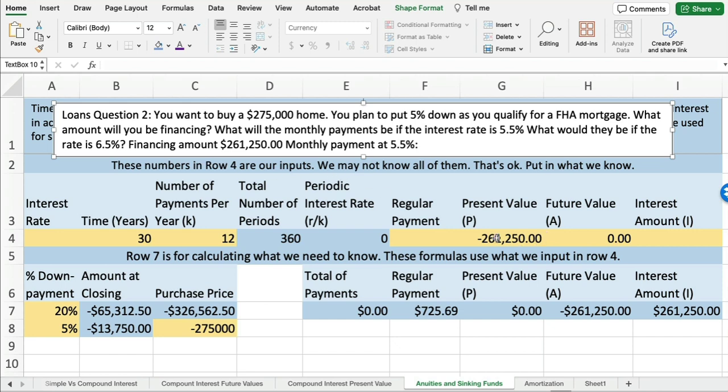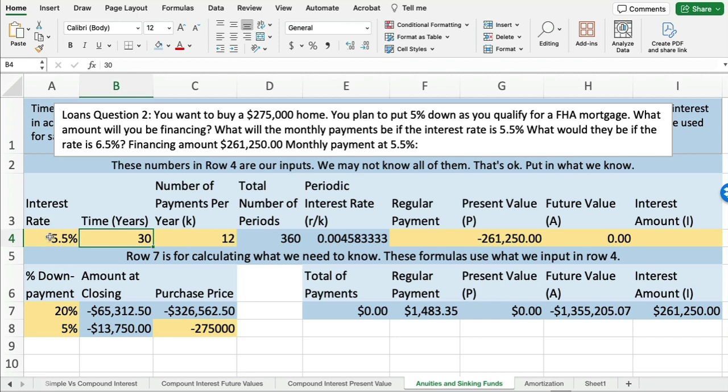Now that we know what the mortgage amount is, we can type the interest rate over here in A4. So that's 5.5. It's already formatted as a percentage.